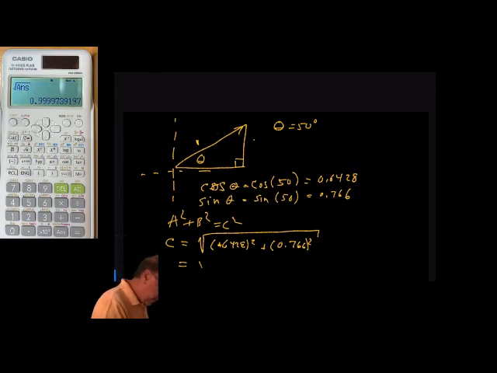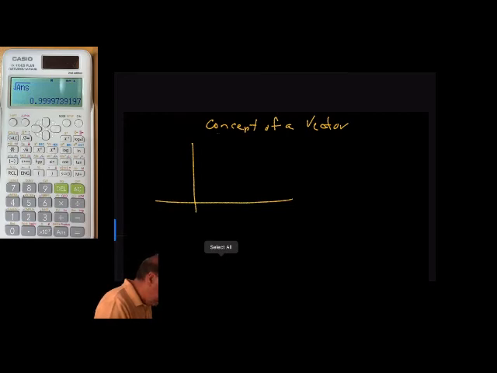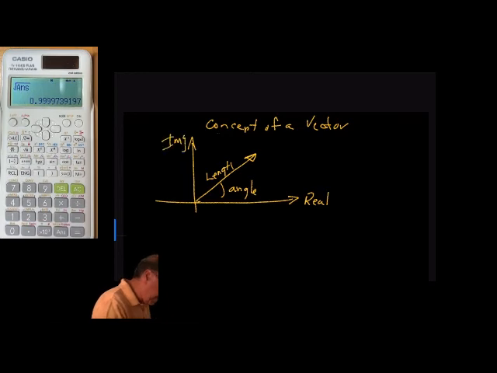Now let's look at the concept of a vector. A vector has magnitude and direction. It has a length and an angle, and we have our real axis and our imaginary axis.